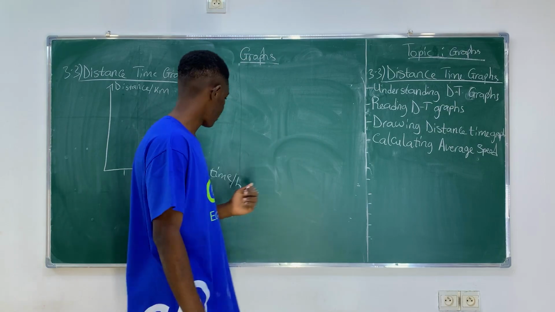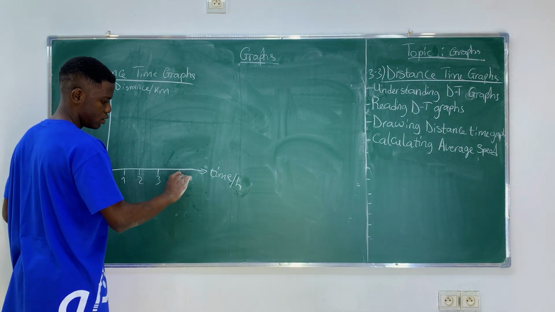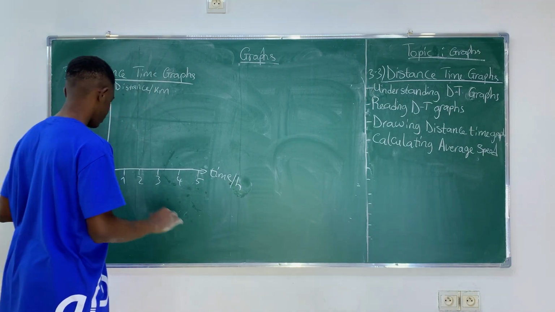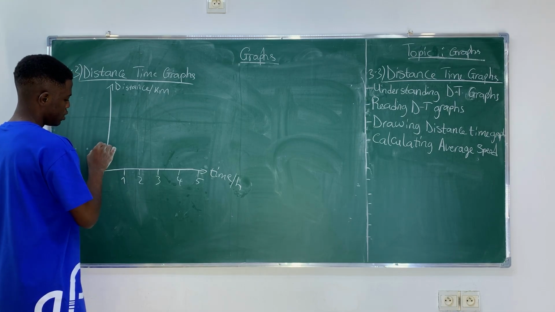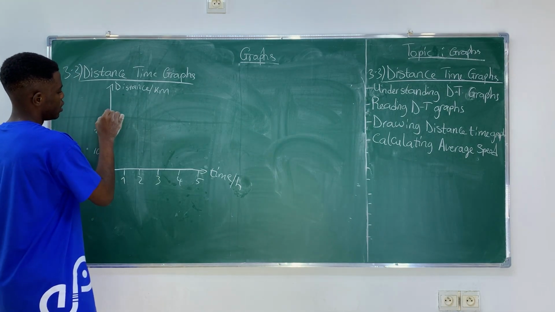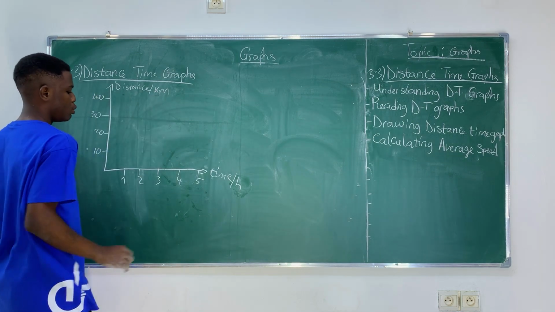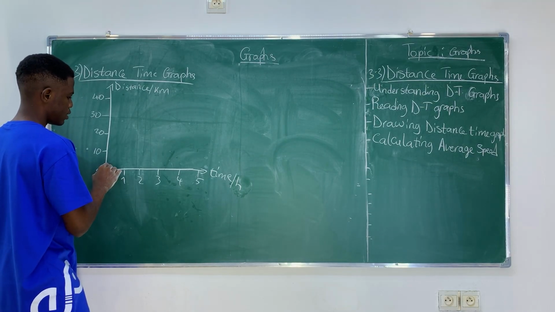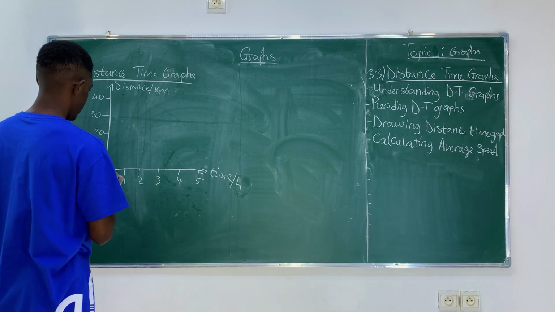Let's say a car is moving. It passes in kilometers. There is 0, both on the y-axis and on the x-axis. I will scale there. Okay.